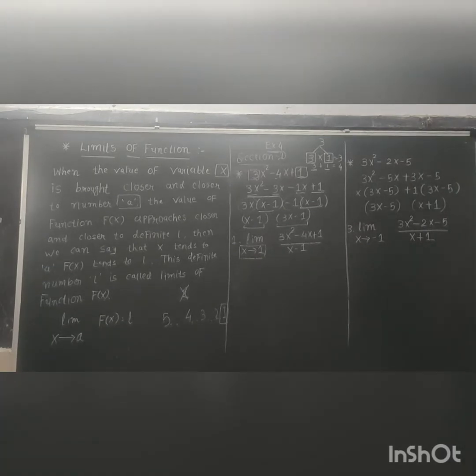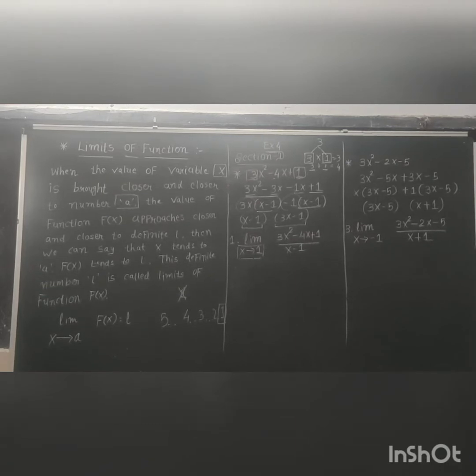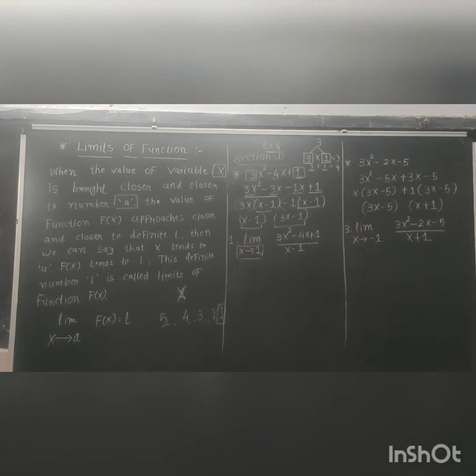So finally we can say that 3x square minus 4x plus 1 has common factors x minus 1 and 3x minus 1. Is that clear?